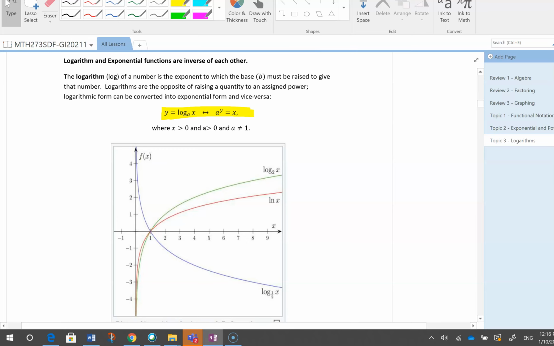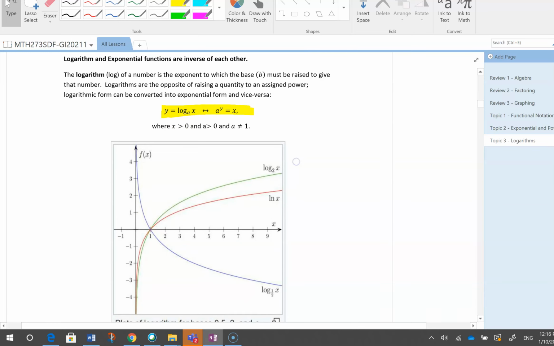So I don't really need to tell you that a must be positive. Of course a must be positive, because a was positive for the exponential function as well. And a is not 1, because it doesn't make any sense. If a equals 1, then I have 1 to the power x, which is just 1.